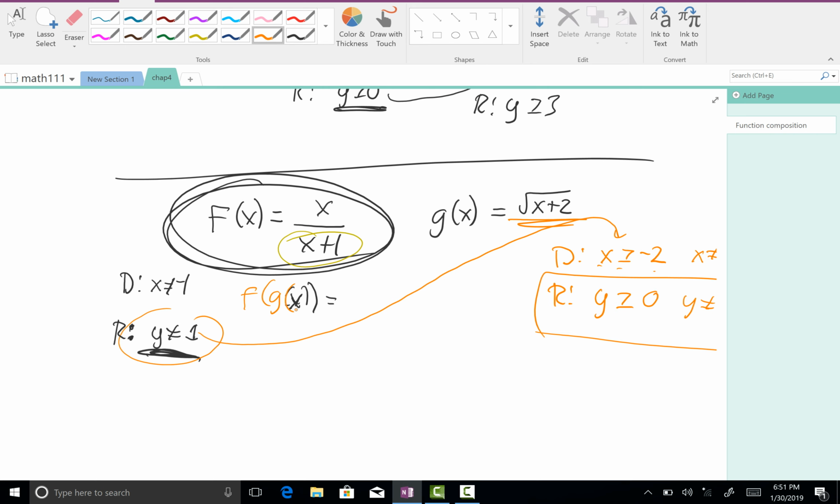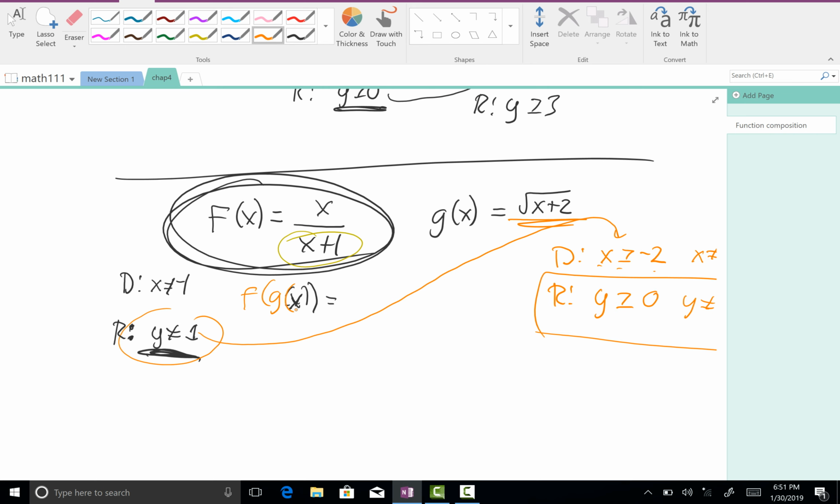It's the input of the composition, okay? Not just for the f, but it's the f of g. So you're taking the g range and putting it into the f to get the composition of it. Does that make sense? Okay.